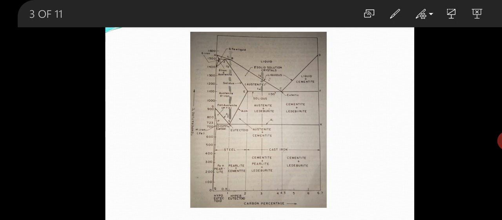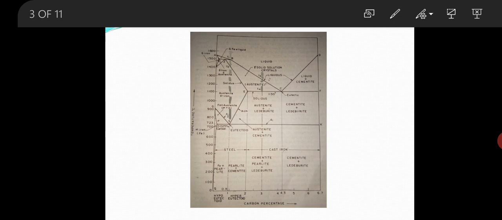I have already told you iron carbon is an alloy. As it is an alloy, it does not follow the principle of pure iron. But at point A, as the carbon percentage is 0, the melting point of iron is 1539 degrees centigrade.